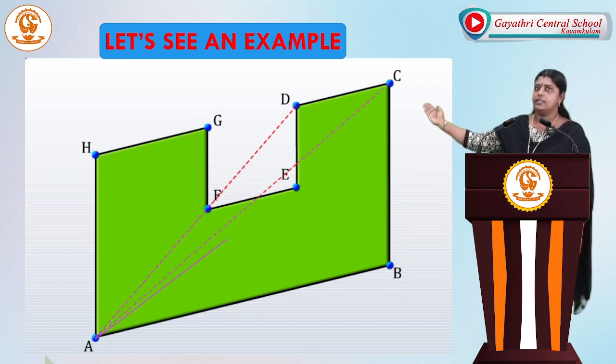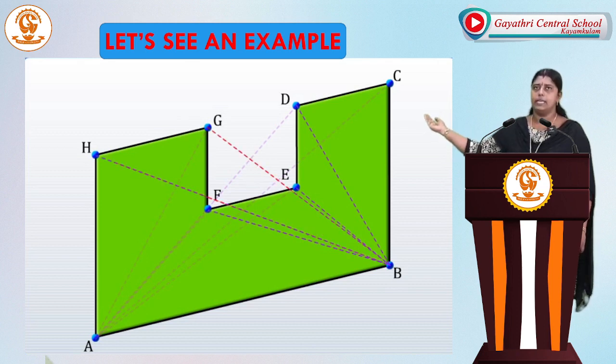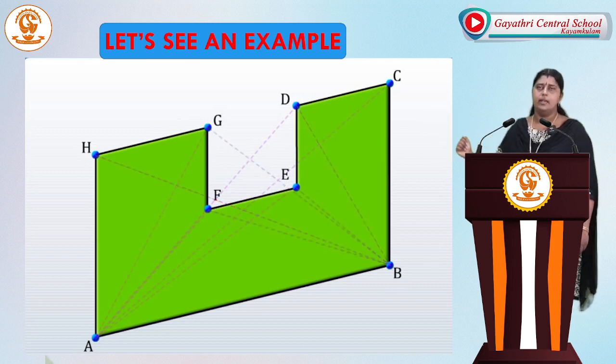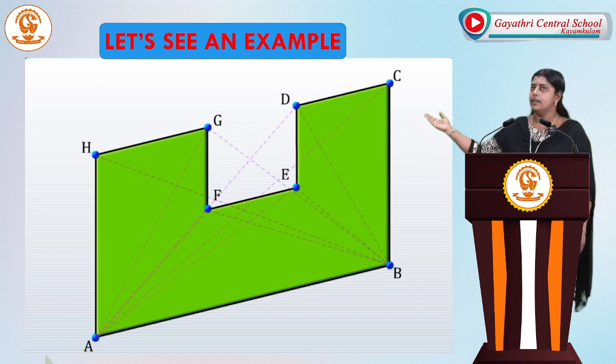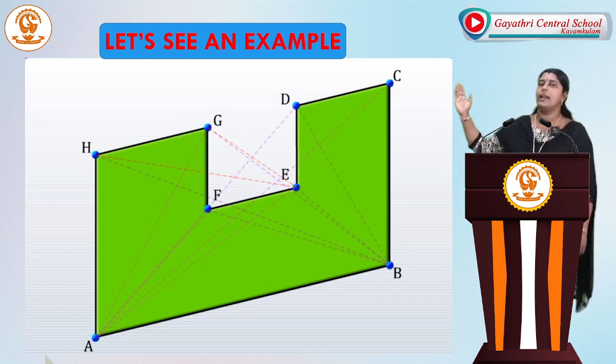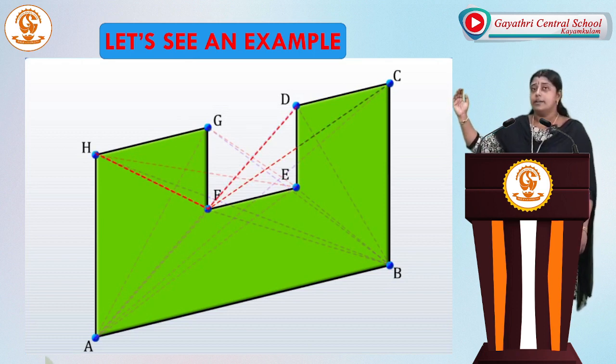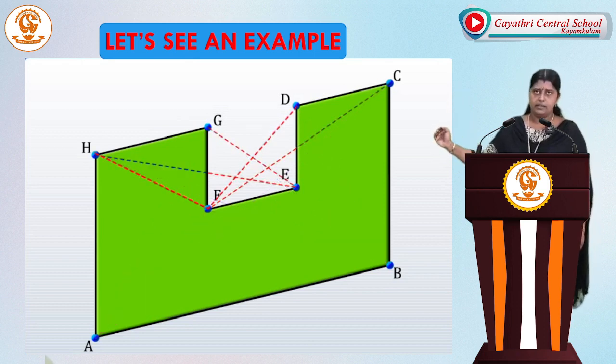By connecting A and C, A and D, A and E, A and G, and from the vertex B, we can draw the diagonals BD, BE, BF, BG and BH. These are the line segments connecting non-adjacent vertices. Here also HE, another line segment connecting non-adjacent vertices. These are the diagonals in this polygon.